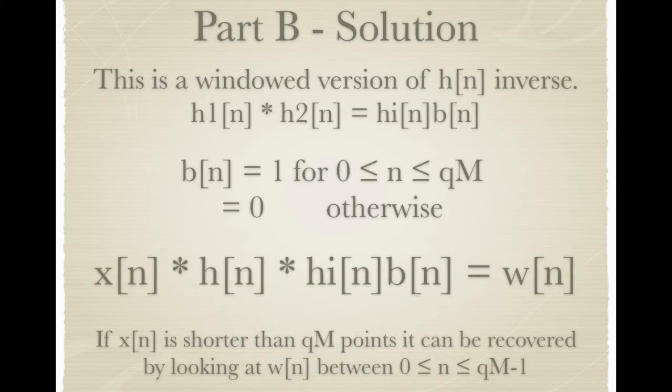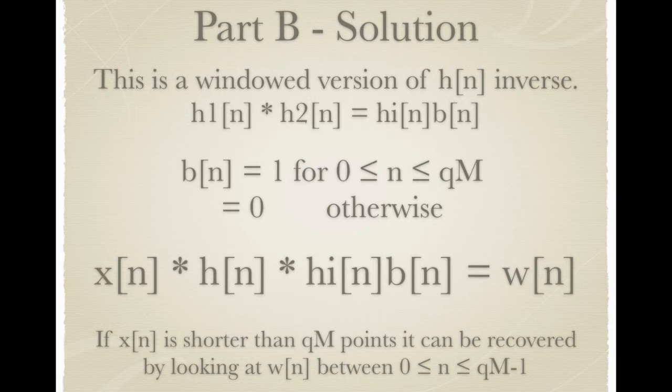This is a windowed version of h inverse[n]. h1[n] convolved with h2[n] is equal to h inverse[n] times b[n], where b[n] is 1 for n between 0 and QM and 0 otherwise.